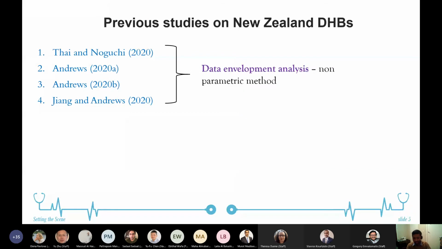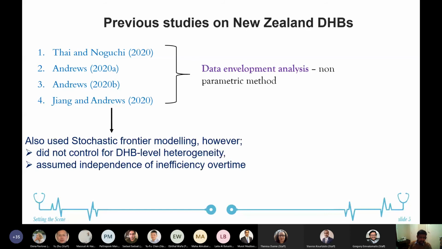The method I'm using also has math, but this is purely mathematics, in the sense that we don't have distributional assumptions like we make in statistics. And there is no ability to account for unobserved heterogeneity very easily in data envelopment analysis. So these studies basically ignore that these district health boards are very different.